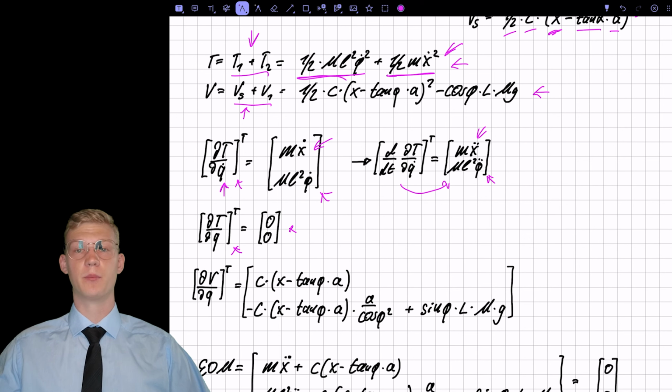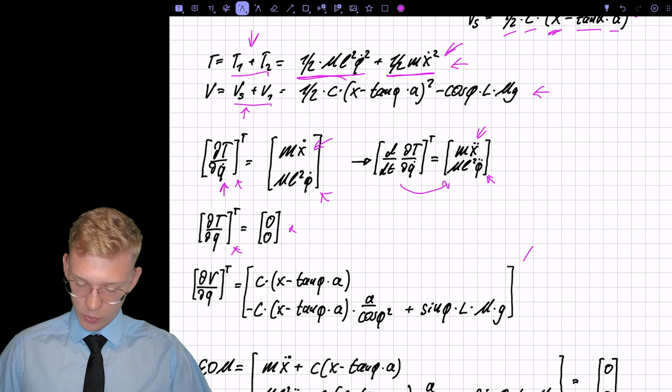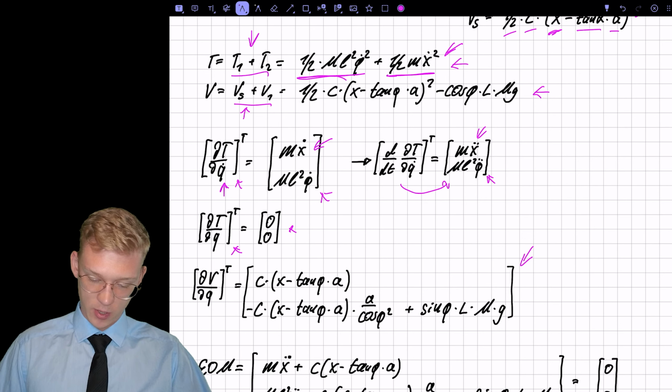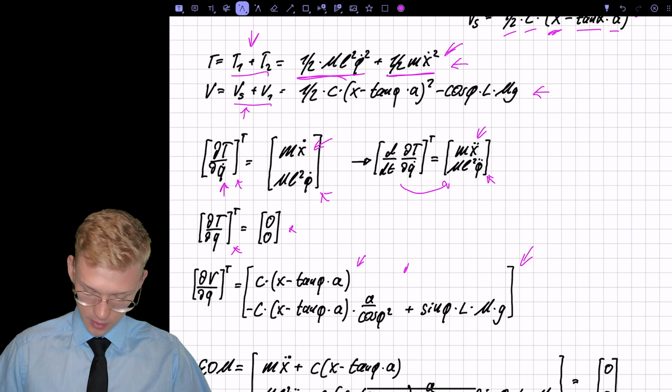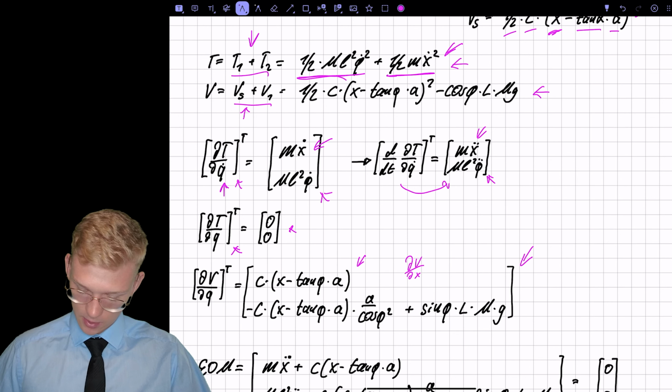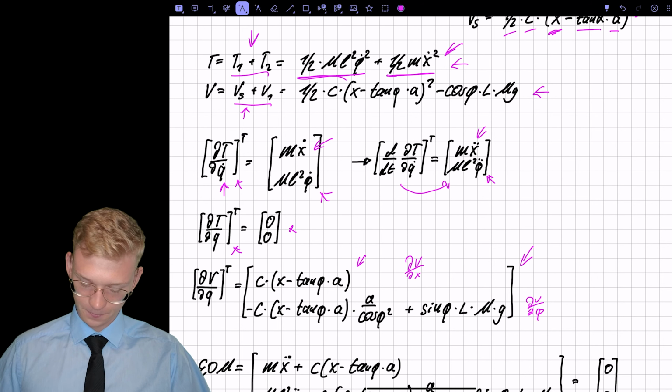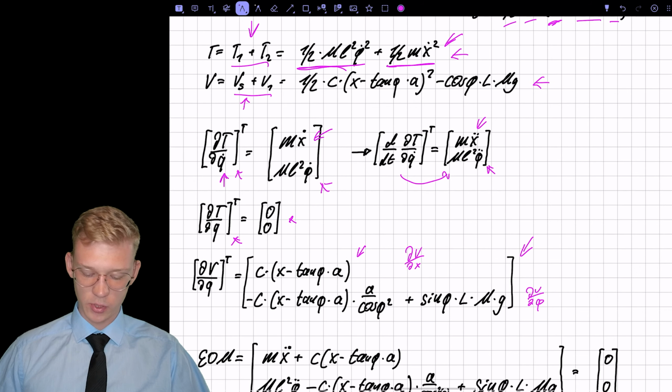If we derive the potential energy, on the other hand, we get this lengthy expression. We derive the potential energy with x, and here we derive the potential energy with our angle. So we get these two expressions.